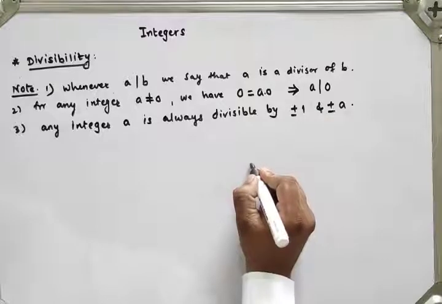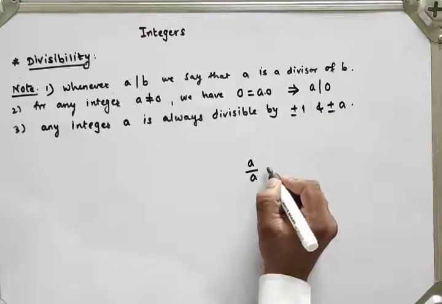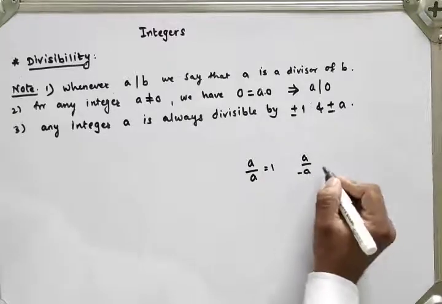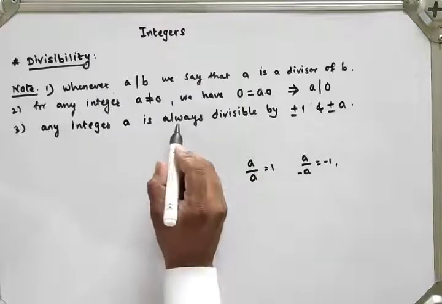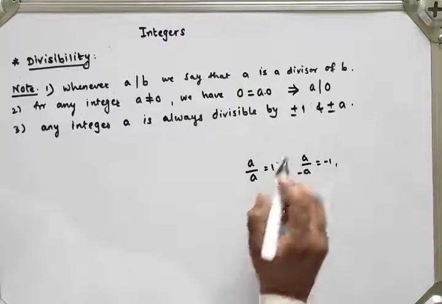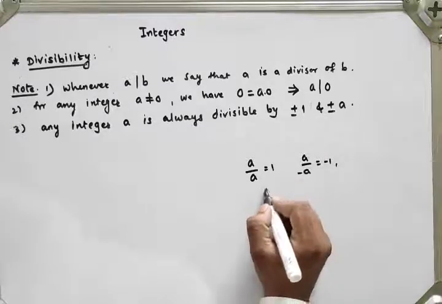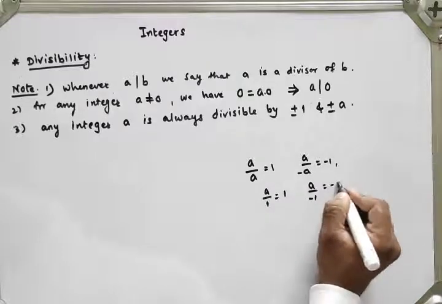Suppose a is divided by a, a divided by a is 1. A divided by minus a is minus 1. Also a divided by 1 is a, and a divided by minus 1 is minus a.